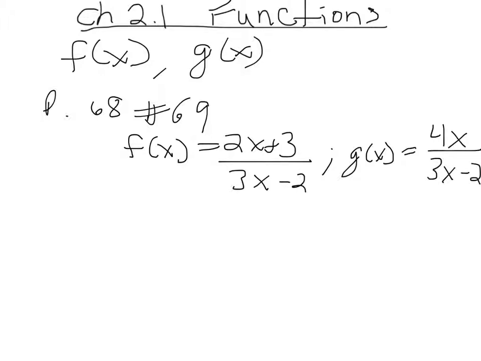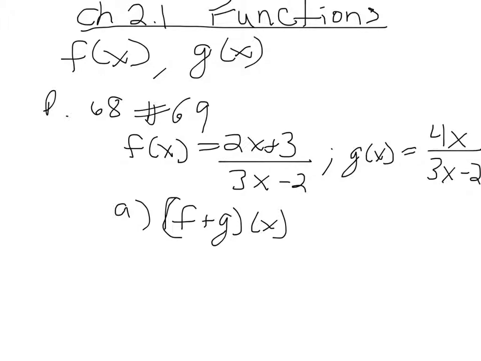So these are your two functions, f of x and g of x, and part A asks you to add them together. So it says f plus g of x. You know that format means you're just adding the two functions together and combining their domain.